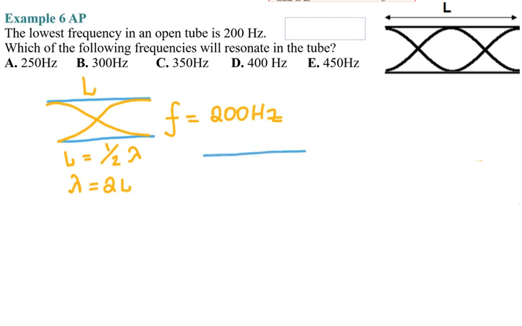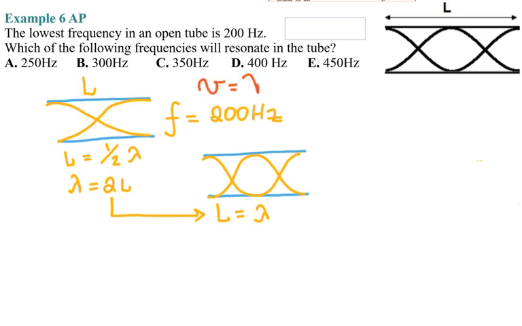So which of the following would resonate? In the next one, if it's still the same tube, then I would have this wavelength resonate. So L is equal to lambda. And if you see the relationship, at first I'm going to write the formula. The velocity depends on the medium. Velocity is equal to the wavelength times the frequency. So when I change, velocity will not change because in a certain medium, that velocity stays the same.